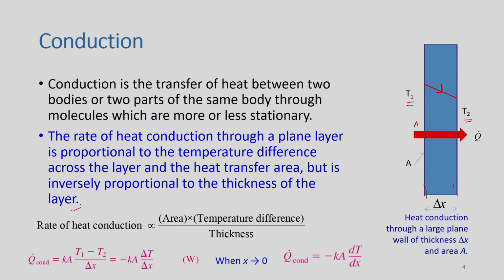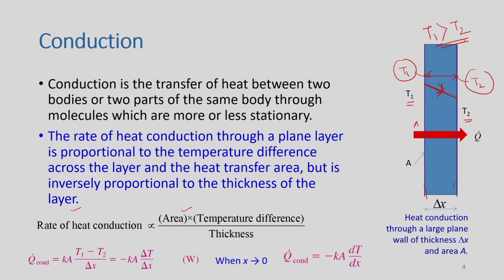Okay. So, that means this rate of heat transfer is proportional to the area through which heat is conducted, then the temperature difference across this layer. This interface has a temperature T1 and this interface has a temperature T2, and then there will be a gradient because T1 is greater than T2.